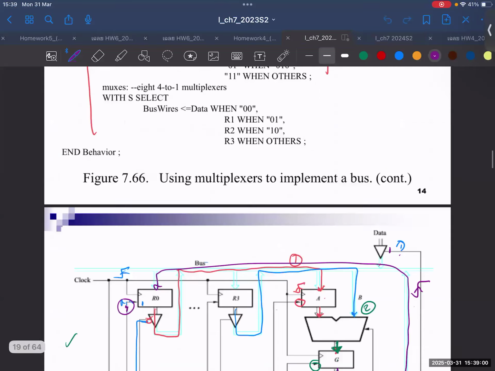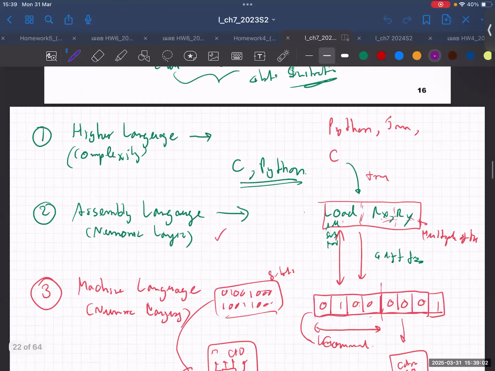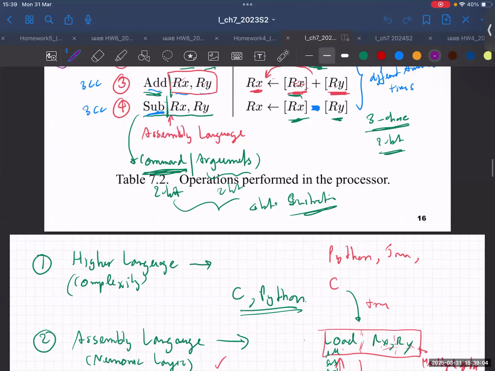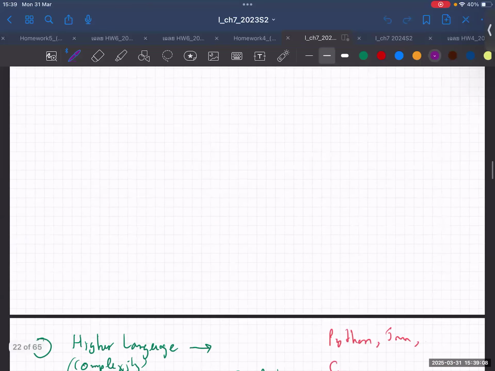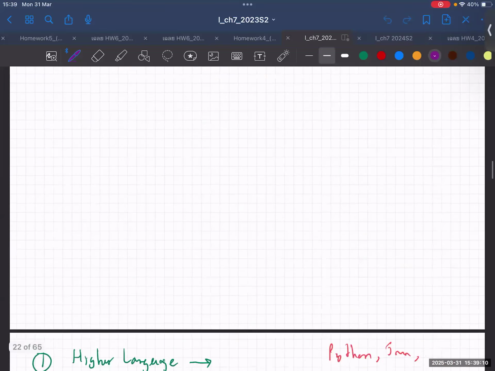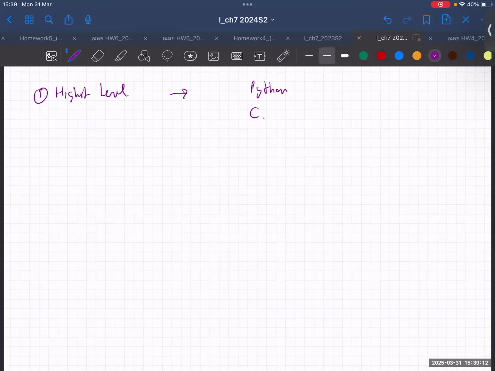These are what we call the high levels. They have complexities, right? They have the highest complexity, of course, but they can do a lot of things.